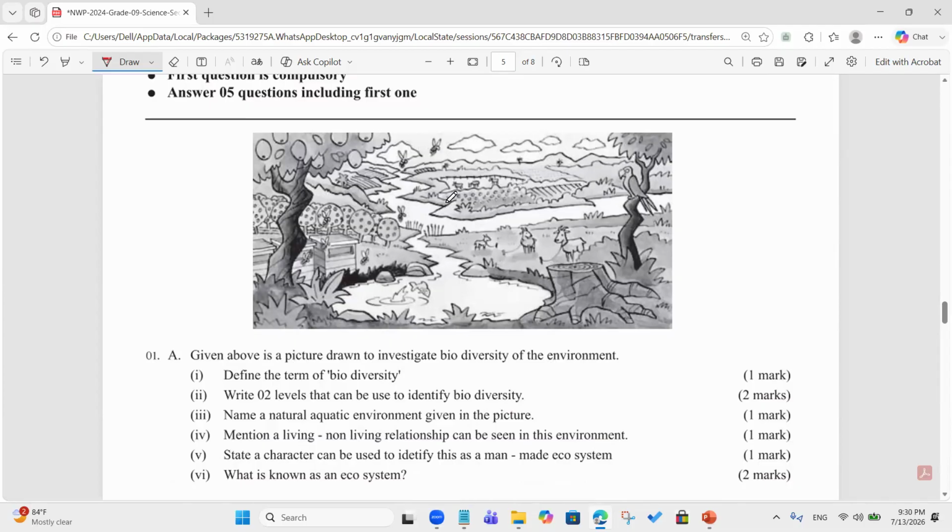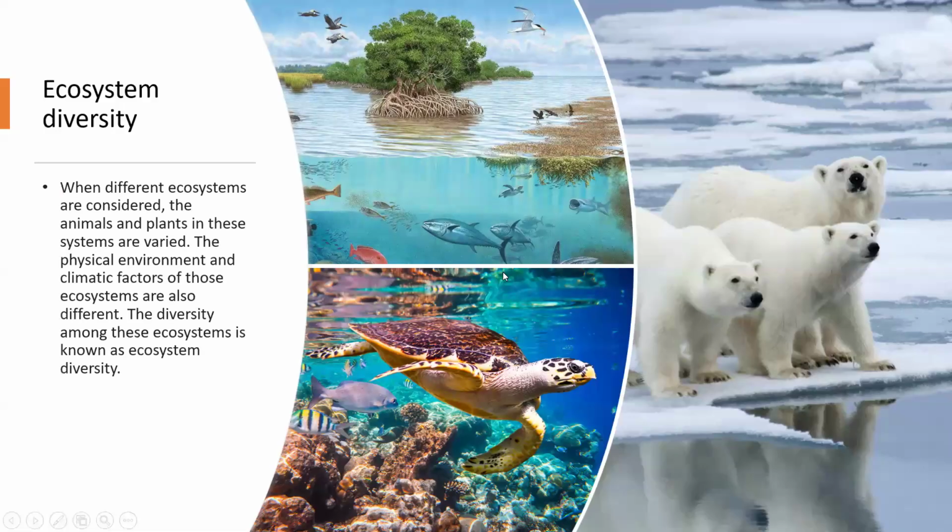So in this lesson, you learn three types of diversities, right? You learn ecosystem diversity. Ecosystems where the animals and plants live, they are different.